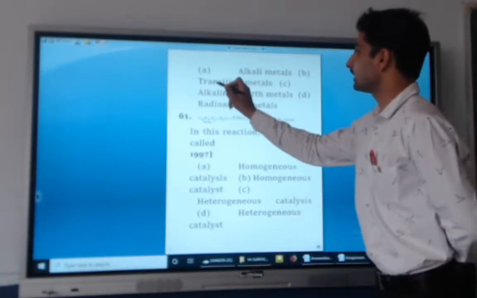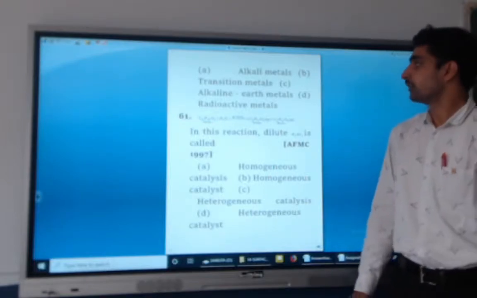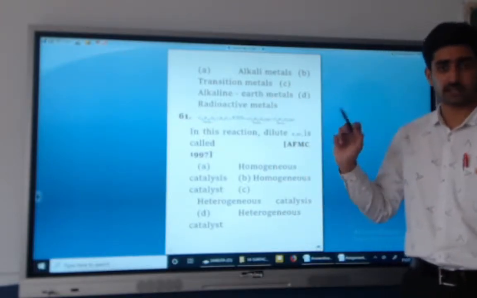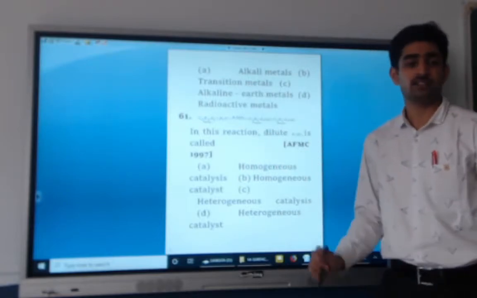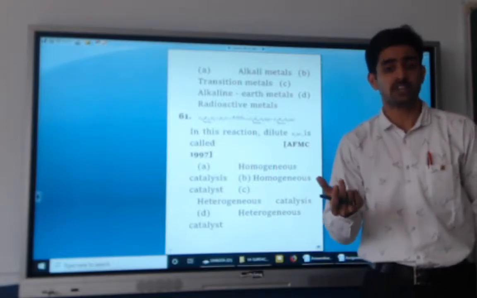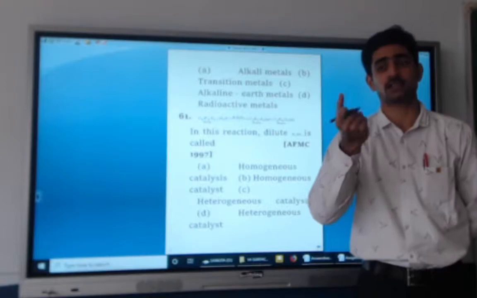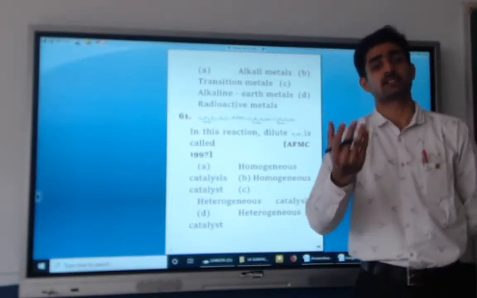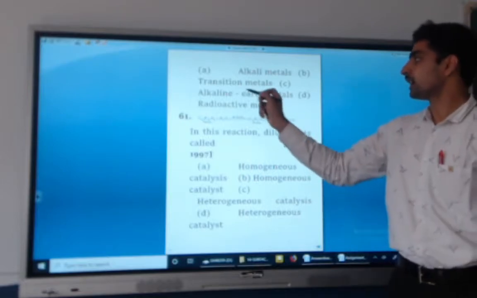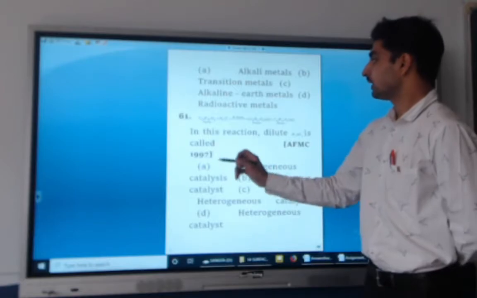The answer is transition elements, because in transition elements you can get s character as well as p character, and the most important thing is that in transition elements there is a process where jumping of electrons takes place from lower energy to higher energy, so they are more efficient in exchange of electrons or transfer of energy. So the option is transition metals. Next question.